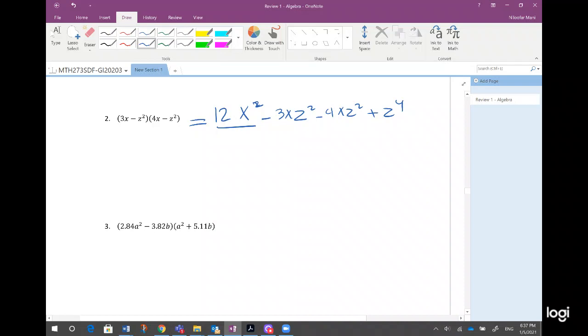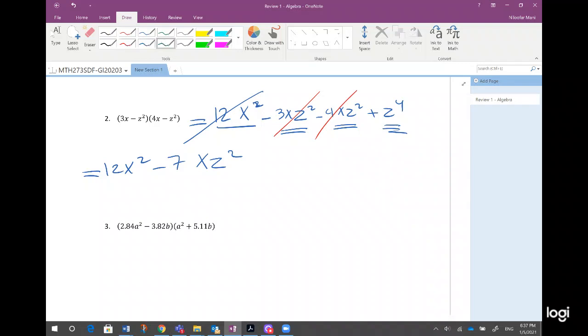Okay, this one, and this one. So it is 12x squared minus 7xz squared, because they are like each other. I cross that, and then I cross that. So this is plus z power 4. Okay, so I collect them.